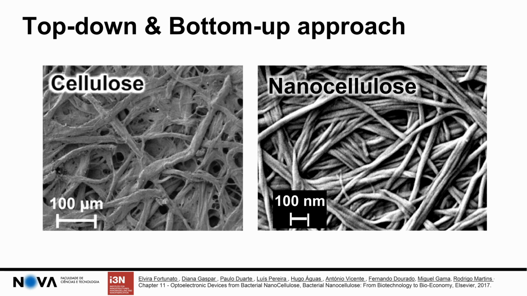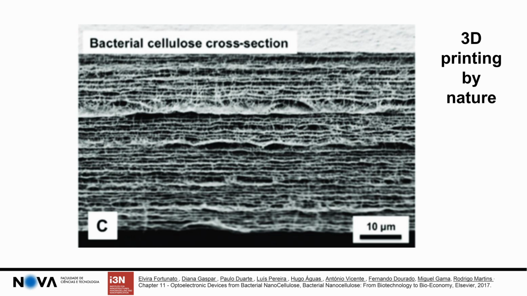The only difference, or mainly the difference, is related to the scale. On the left, we have 100 micrometers, and on the right, we have 100 nanometers. If we take a look at these membranes produced by bacteria, we can see that we have a stacked structure, and we can even say that this is one of the first 3D printing by nature.